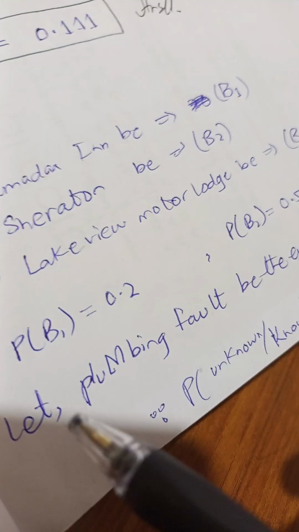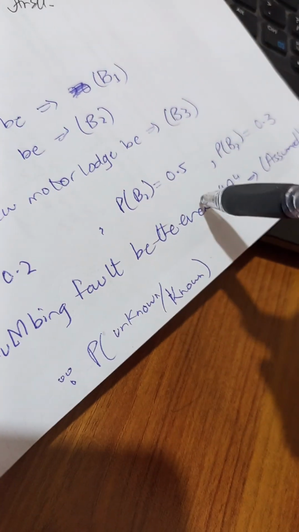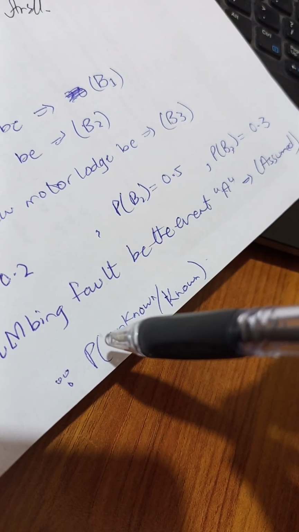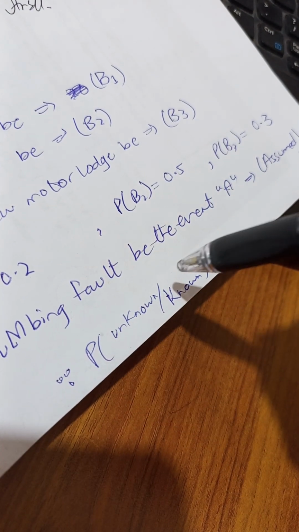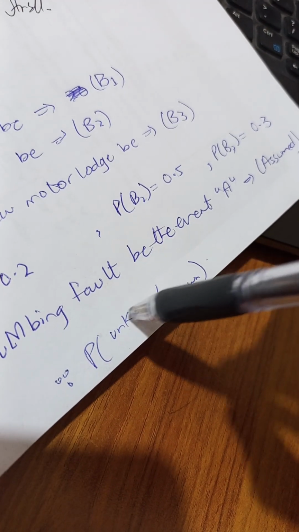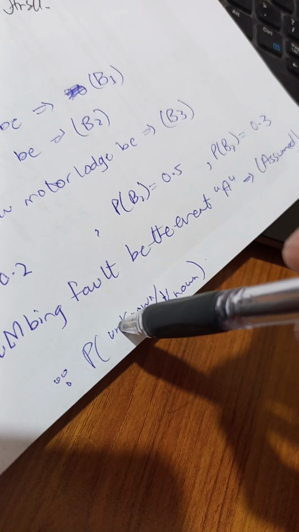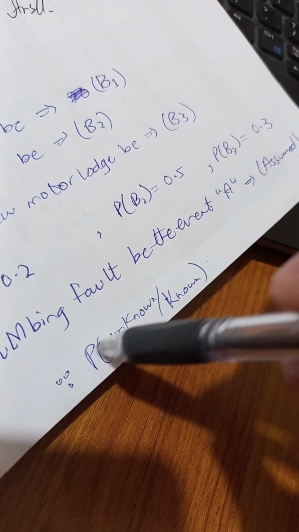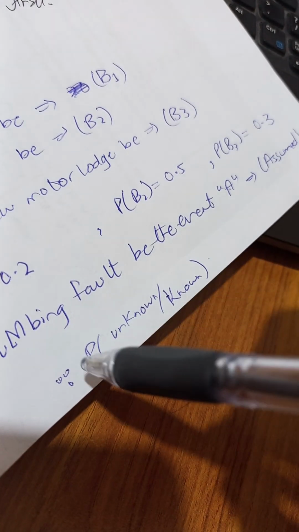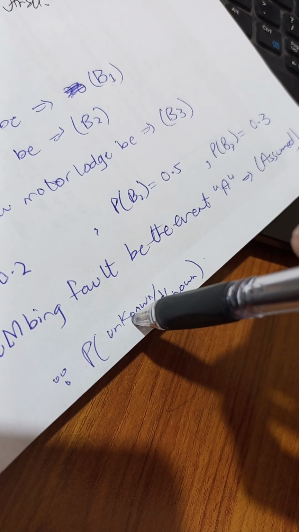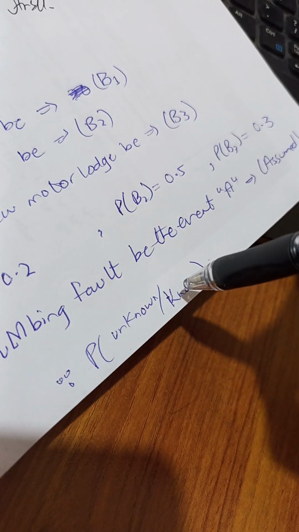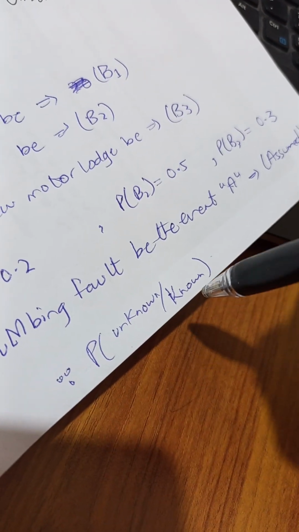So first we assume the plumbing fault and name it event A. We know how to write the probability in given form: probability A, where the slash represents given, and say we have B, so it is probability A given B. What we have before the given line is unknown, and after that line we usually use the value which is given.